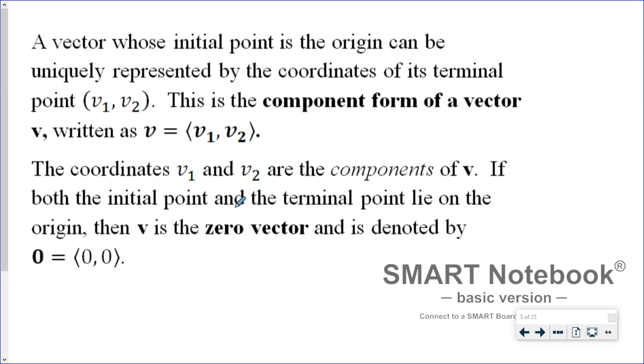So the coordinates v1 and v2 are the components of vector v. If both the initial point and terminal point lie on the origin, then v is called the zero vector. And the zero vector obviously just has the component form of 0, 0.